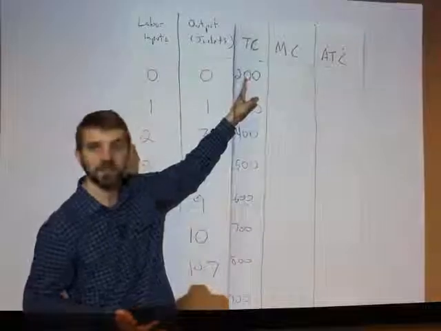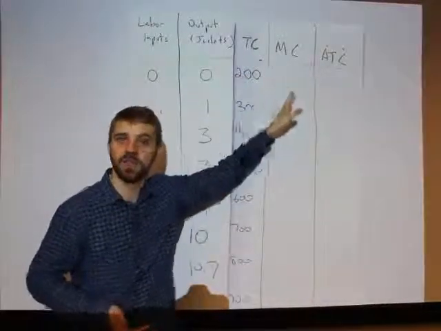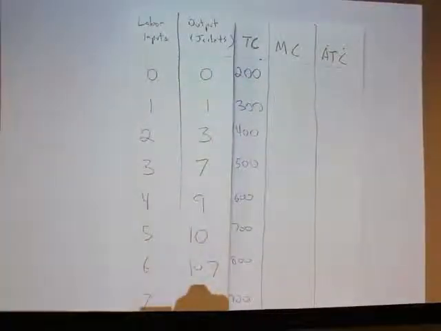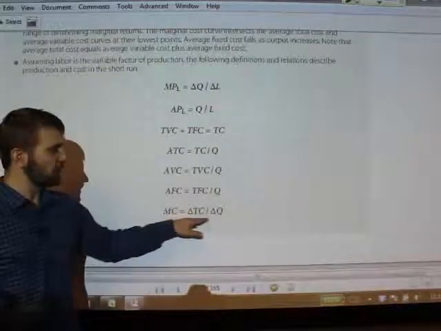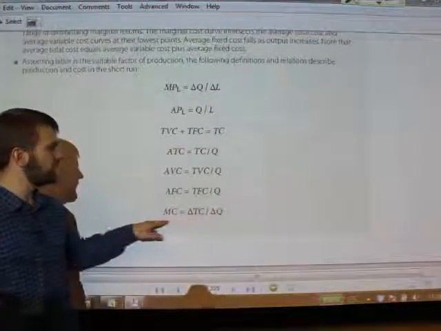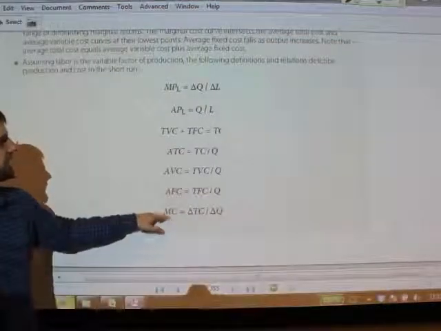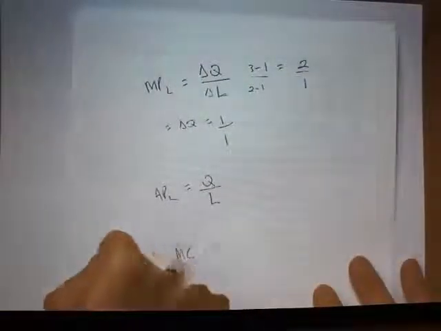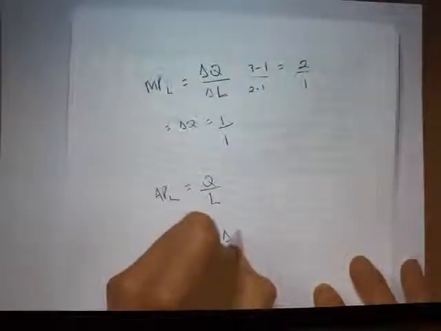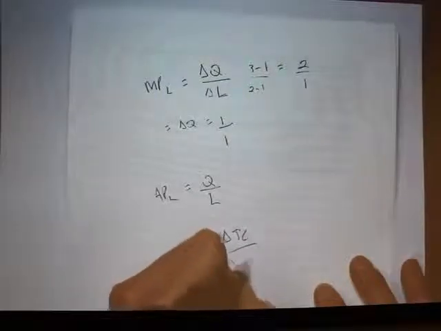We just take the total cost and use that to calculate marginal and average. So again, what are our formulas? Marginal cost is change in total cost over change in quantity. And then later on we'll need average total cost, which is total cost over quantity. So the formula for marginal cost equals change in total costs over change in Q.